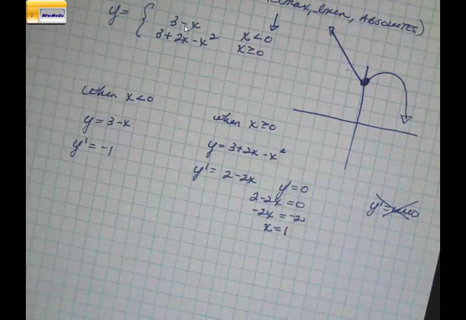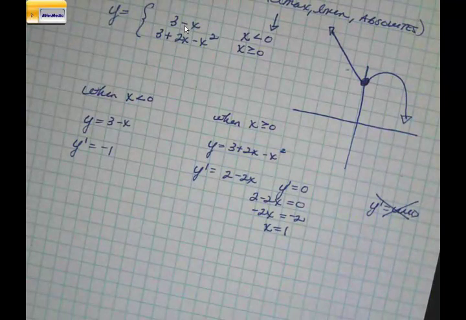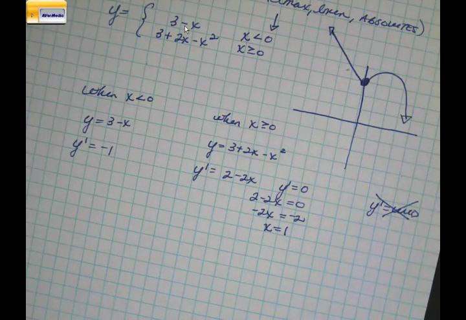So, you have a critical value at x equaling 1, and what's the deal with 0? Okay, from the graph itself, you know there's a critical value at x equaling 0. But how in the world do you recognize that?